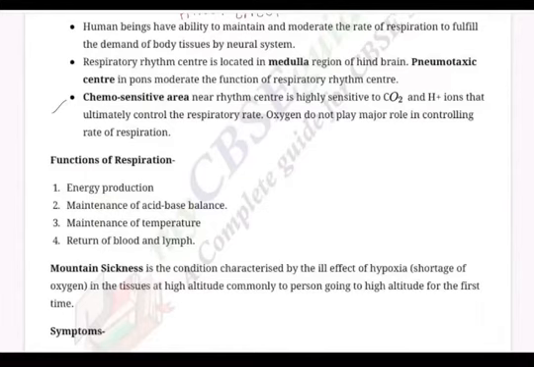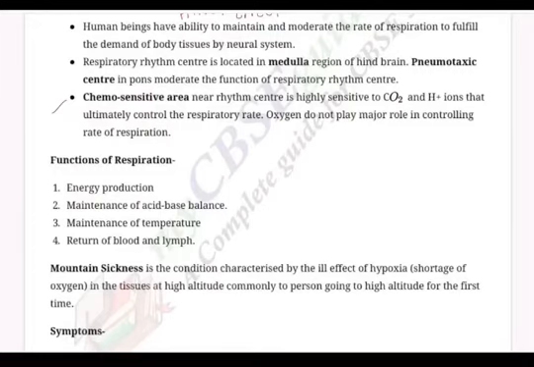As part of it, we are revising chapter number 17, breathing and exchange of gases. In this, we first started defining breathing and respiration, and you know the difference between them.